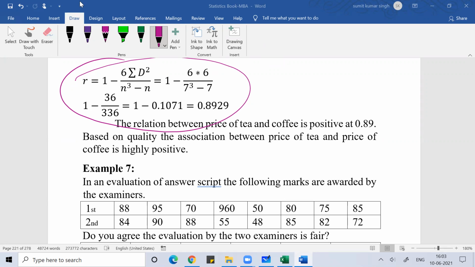Is it done, guys? What answer did you get? I think this is 96.